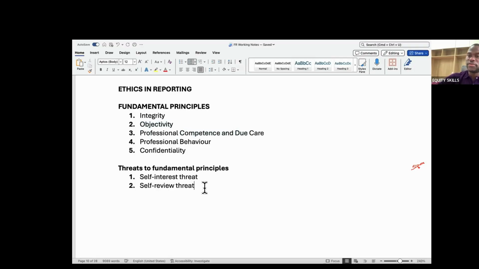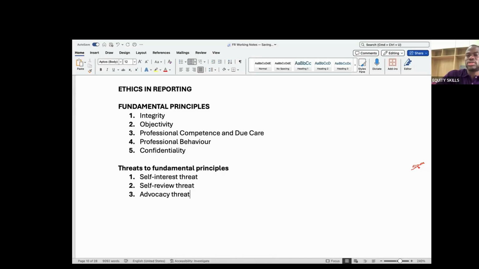So self-review threats exist where you are the preparer of a document and you are on a seat where it is reviewed as well. You are the one reviewing it, or part of the team that is reviewing it. You have advocacy threats. When you advocate for somebody, it means that you're speaking on behalf of that person, and it's usually in a positive light.